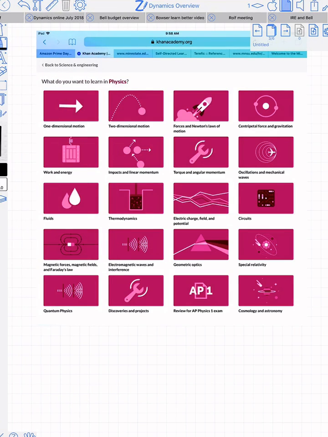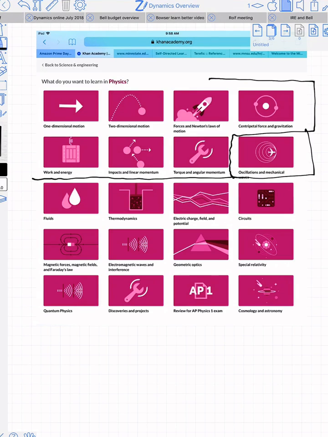We'll see that physics is made up of a bunch of different things, but I'm going to just grab these few here. Actually, put that one in as well. And these are topics in physics.